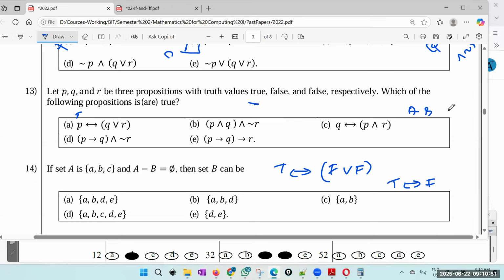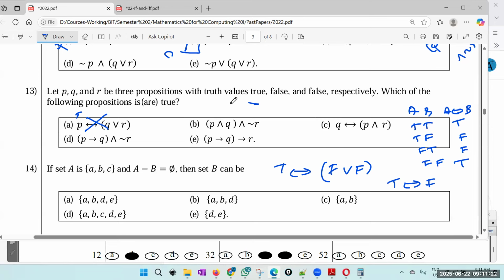A, B, A if and only if B: true, true is true; true, false is false; false, true is false; false, false is true. So true if and only if false is false, therefore this is not true.